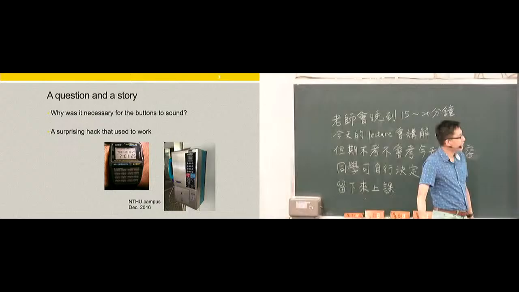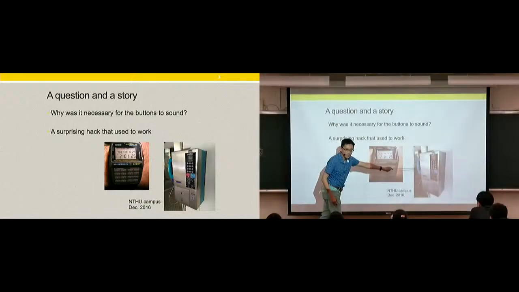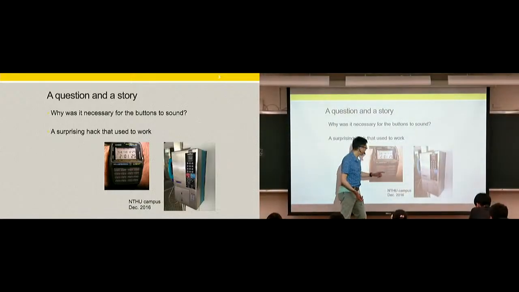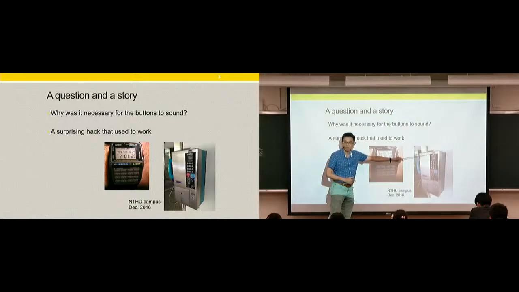So somehow my friends showed me that they were able to hack this system. You can pick up the phone and then play a sequence of two-tone combinations to the receiver, and somehow in that way you can bypass the need to pay.